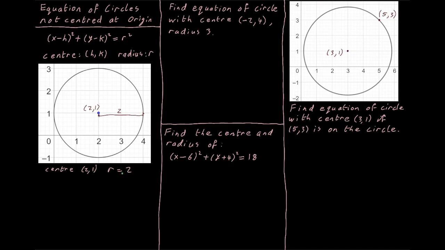And those are the two pieces of information we need to get the equation of a circle. So now we would write down our formula. We'd go to our log tables to make sure we have everything correct. We have (x minus h) squared plus (y minus k) squared is equal to r squared, the radius squared. And now we can just sub in.